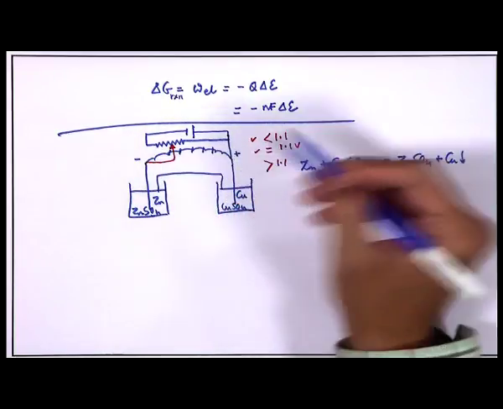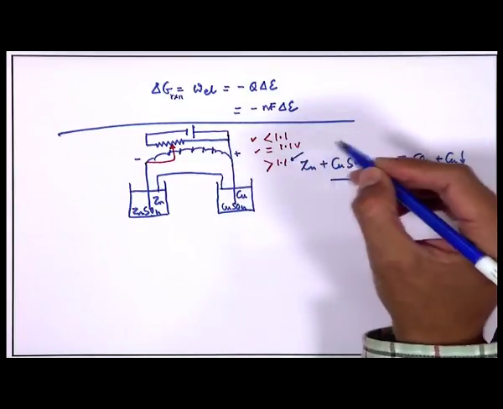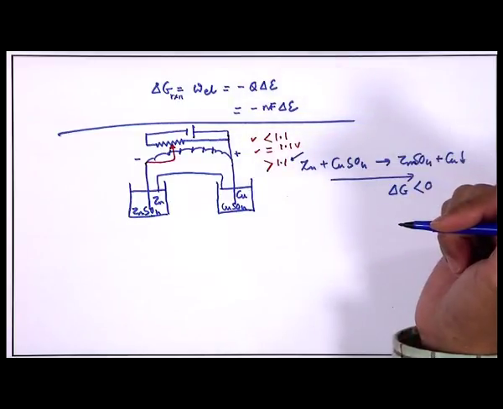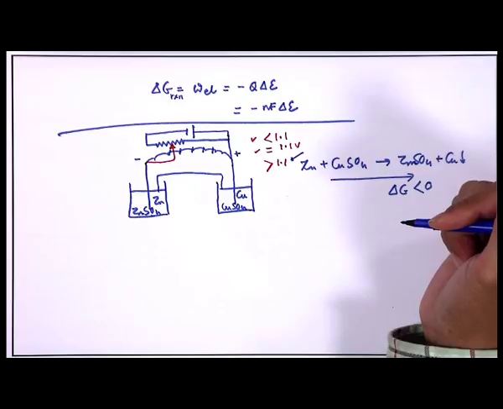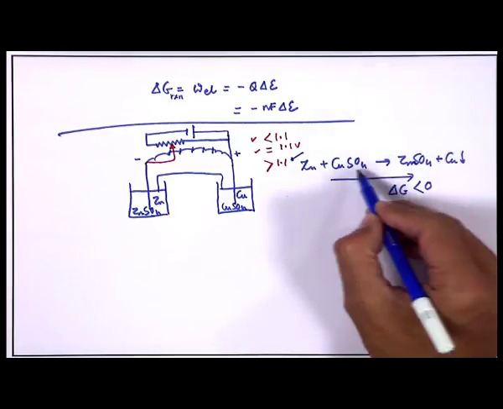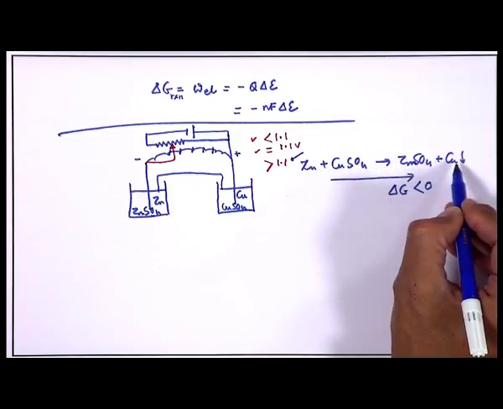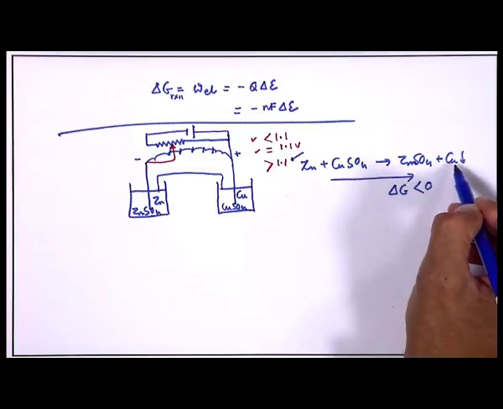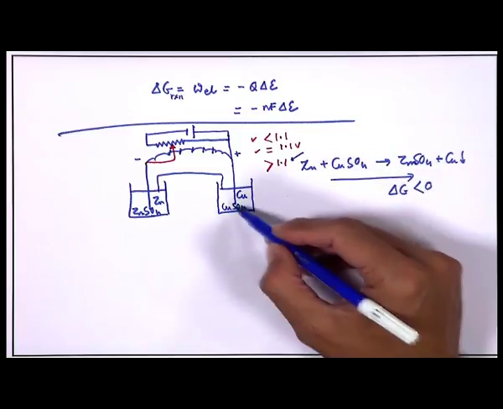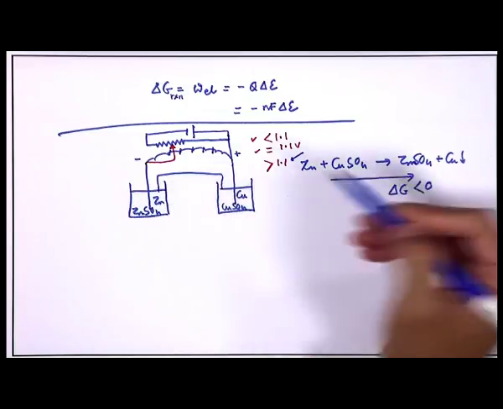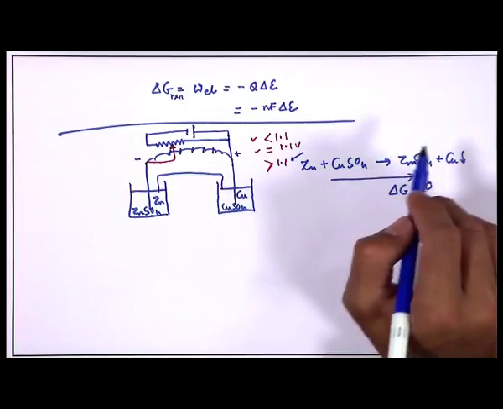But if it is reversely biased, then current will flow in the other direction. So you are biasing the electrodes in such a way that the normal reaction has been reversed. In that case copper will dissolve over here and zinc will be deposited. So, basically the reverse process will take place.